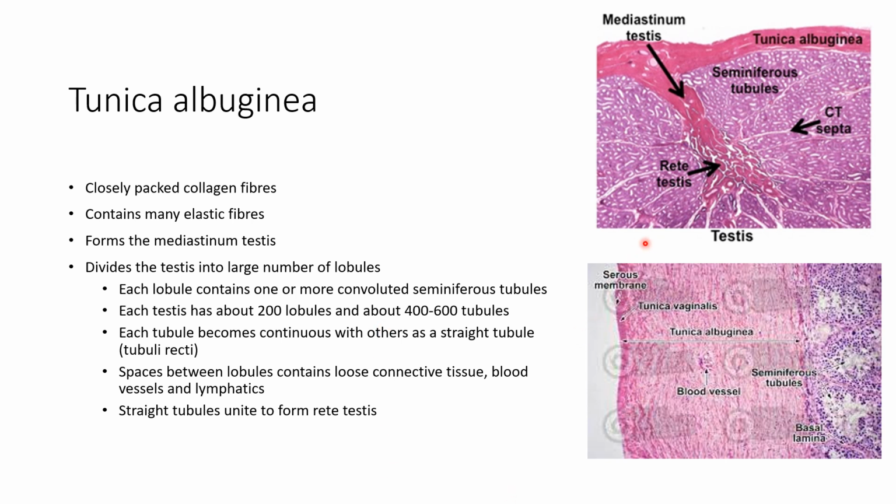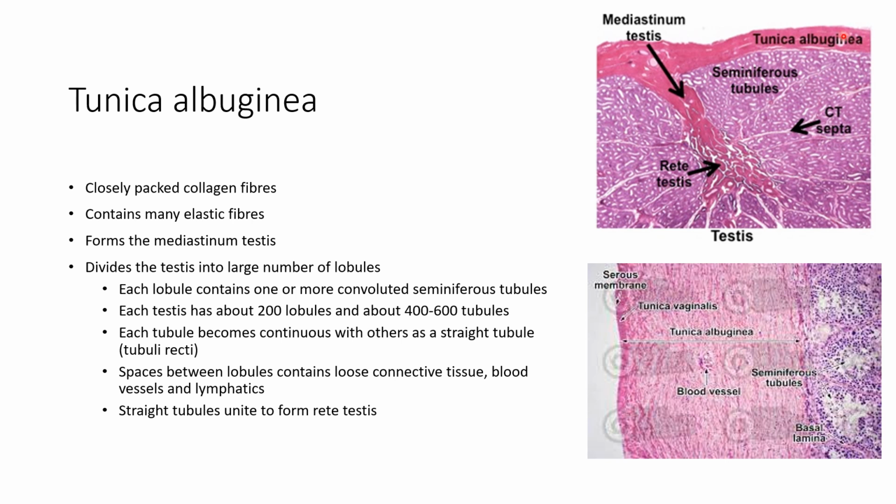Like I said, it is thick. It has collagen fibers, it's fibrous, of course, and then it is a bit elastic in nature. It convolutes together and then forms what we call the mediastinum testis.